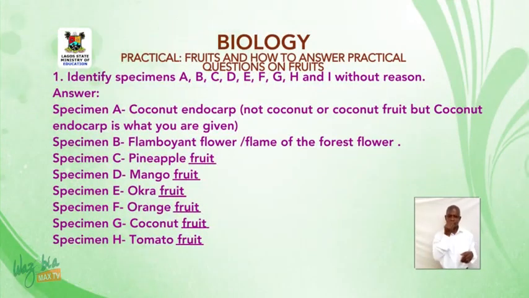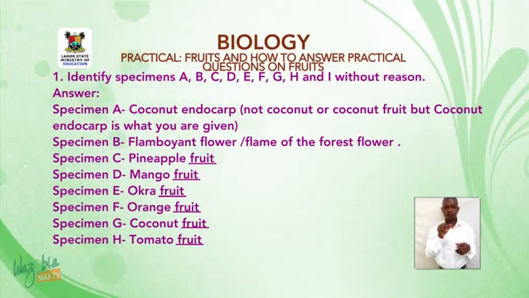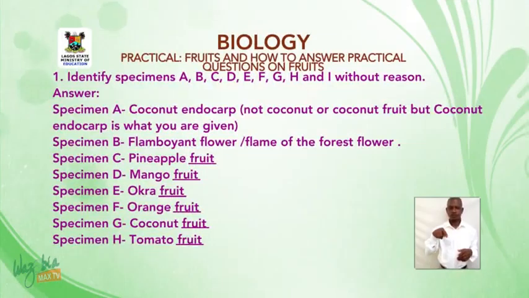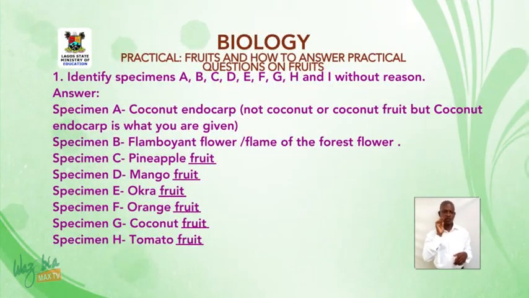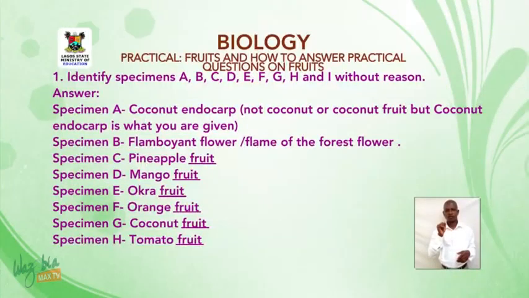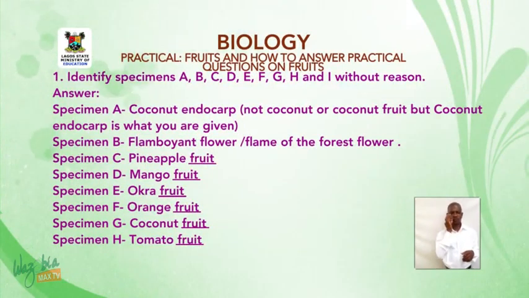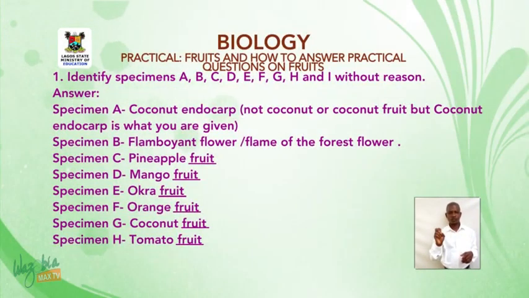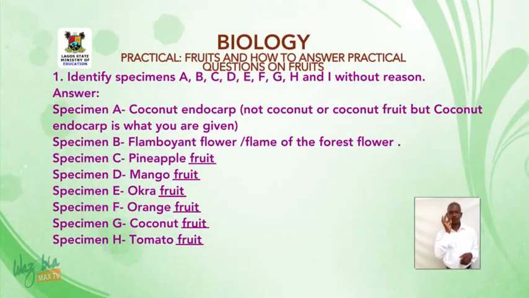Specimen B, flamboyant flower or flame of the forest flower, not just flamboyant. Specimen C, pineapple fruit. Specimen D, mango fruit. Specimen E, okra fruit. Specimen F, orange fruit. Specimen G, coconut fruit. Specimen H, tomato fruit.